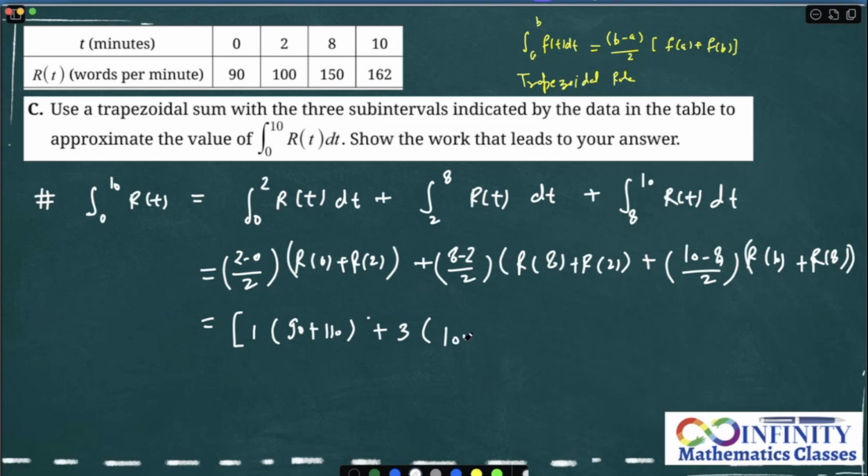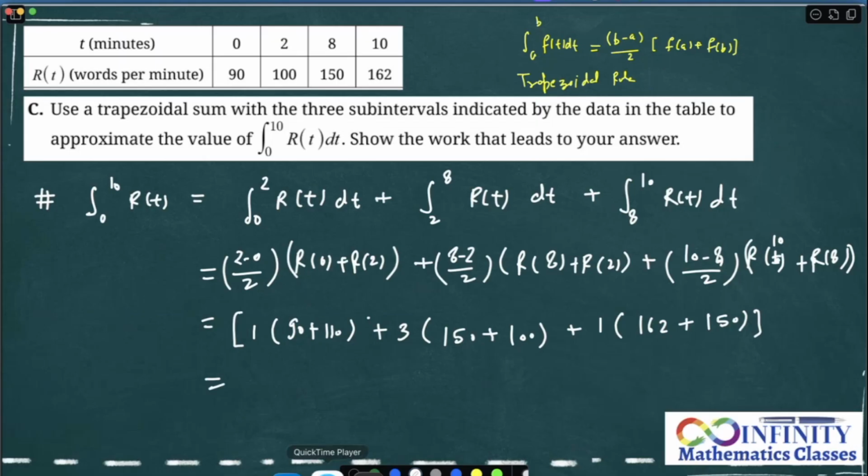R(8) is 150, sorry. R(2) is 100, right? 10 minus 8 is 2 by 2, that is 1. R(10) is 162. R(8) is 150. Agree? Simplify all this, get the answer.